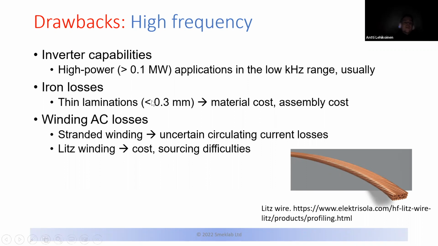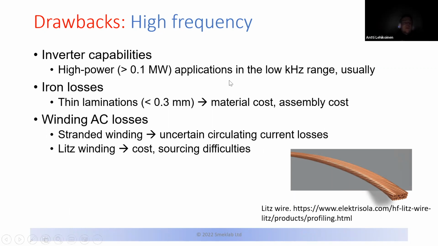Also, I mentioned the iron losses start to grow quite fast with the frequency. It can be helped by using thinner iron laminations, for instance, thinner than 0.3 millimeters, something like 0.2, 0.12, 0.1 even, relatively common already nowadays.